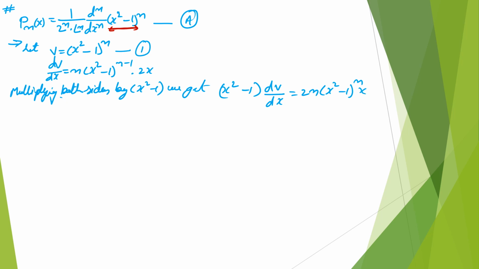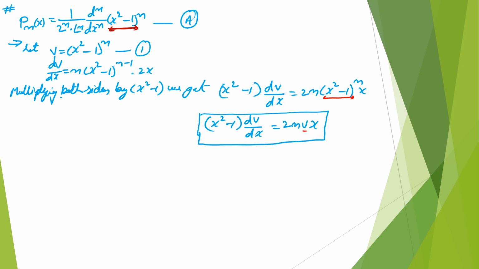That means when we simplify it, we get (x square minus 1) dv by dx is equal to 2n v x, because this value was assumed as v previously, so it is replaced by v over here. Now we get a differential equation.